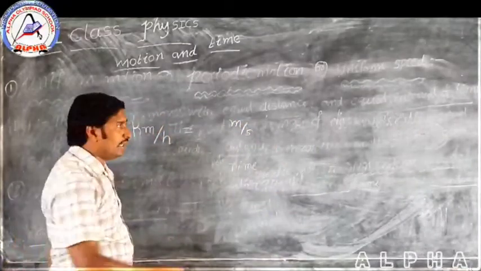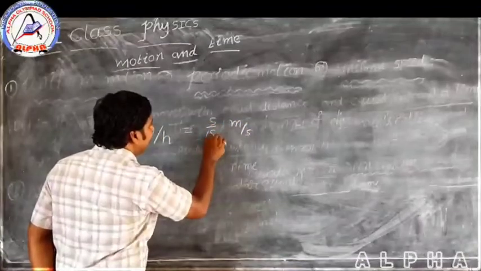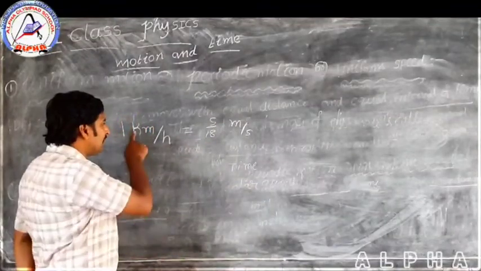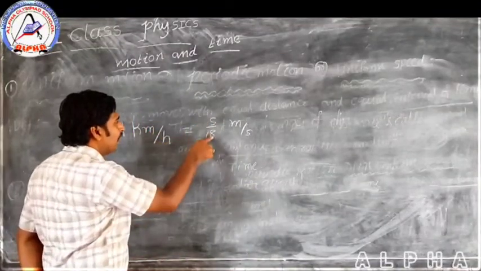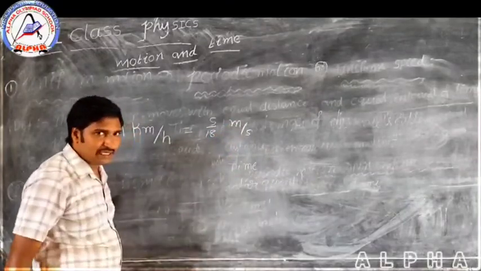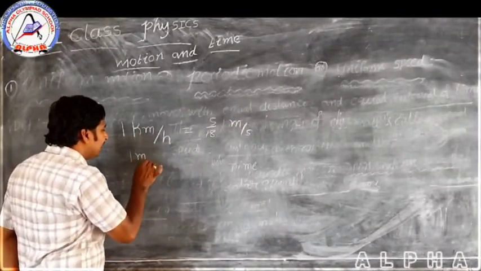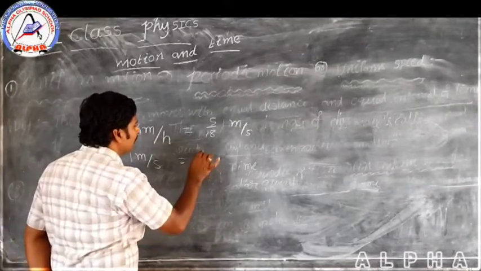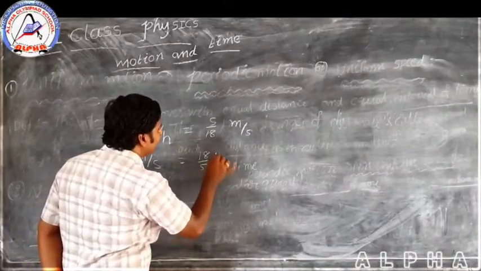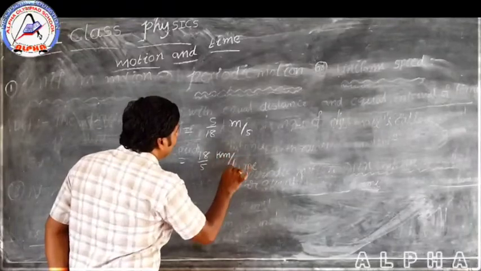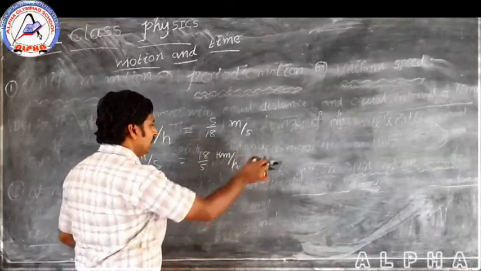Here, 5 by 18. 1 kilometer per hour is equal to 5 by 18 meter per second. Similarly, 1 meter per second is equal to 18 by 5 kilometer per hour.